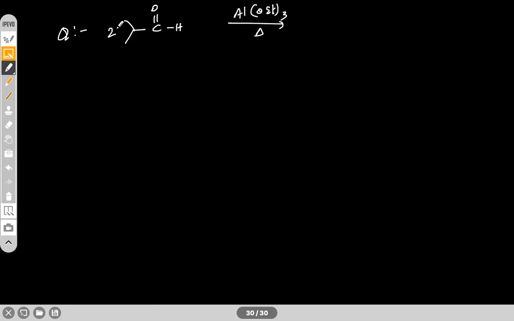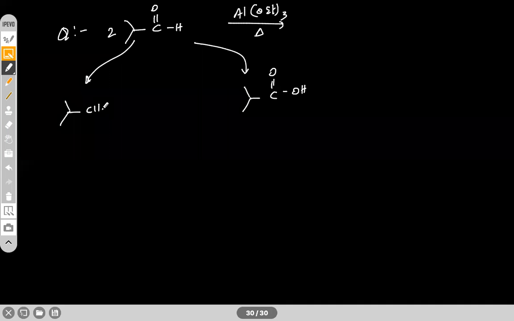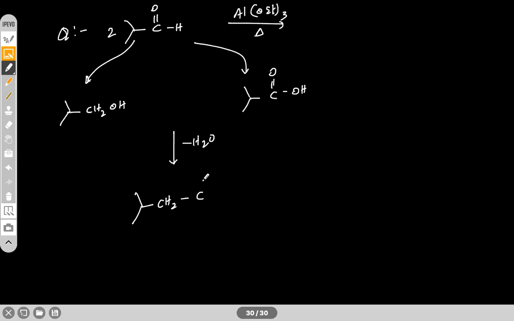Done. So we'll write down one oxidized product of it, that is C=O, OH. The reduced product of this, CH2OH. And then dehydration. So this will be CH2, C=O, OR.